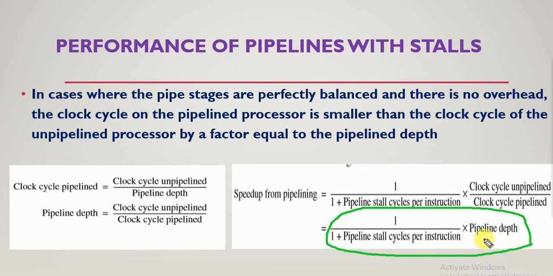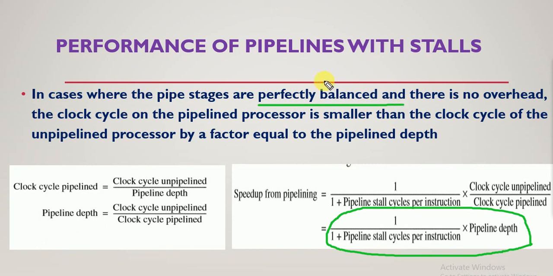Pipeline depth is equivalent to clock cycle unpipelined to clock cycle pipelined, when all the stages are balanced and there is no overhead on that system. The same formula is reproduced with the pipeline depth in place of the clock cycles of the unpipelined and pipelined architectures.